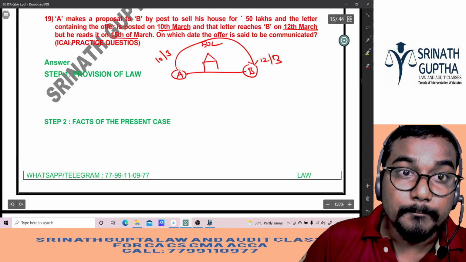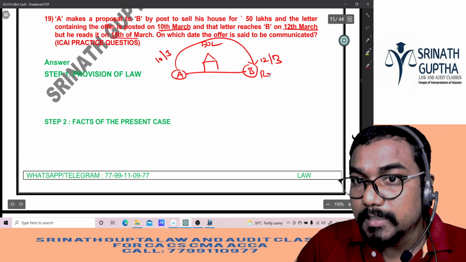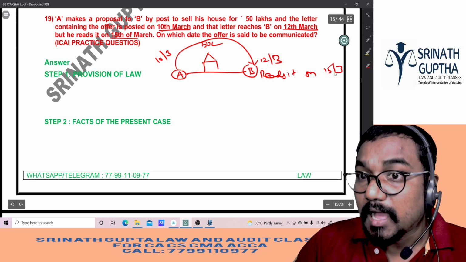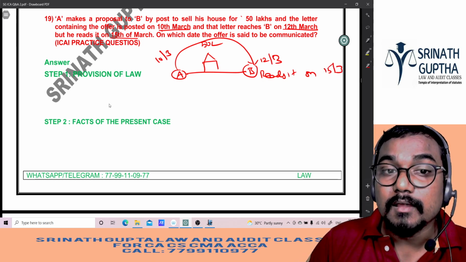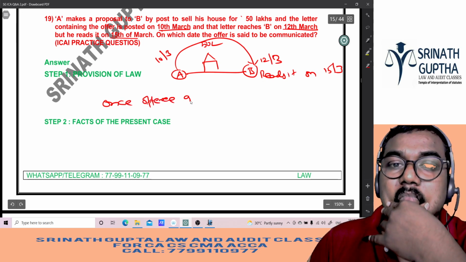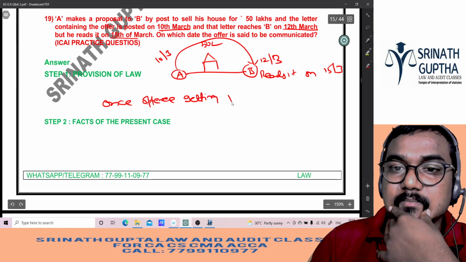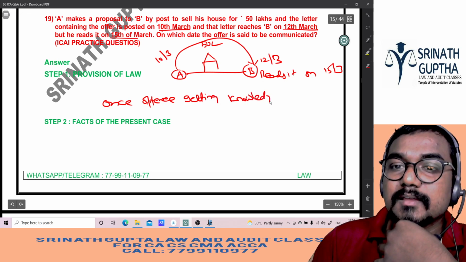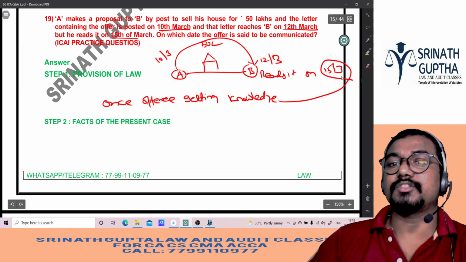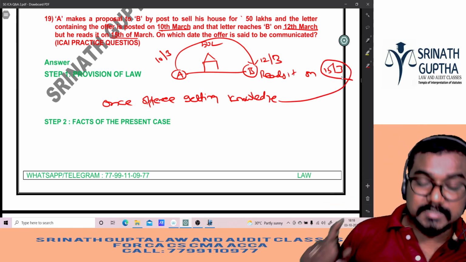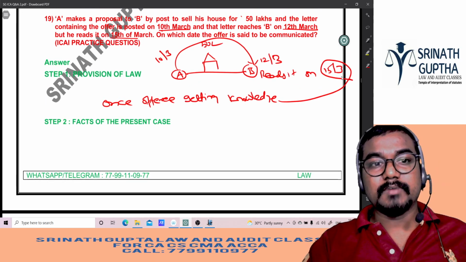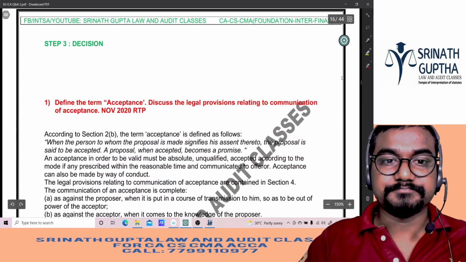But B reads it on 15th March. An offer is said to be communicated once the offeree gets the knowledge. When B gets knowledge of the offer, beta, that is 15th March. Isn't it, beta? So the offer is complete on 15th March. Step number 1, step number 2, step number 3.